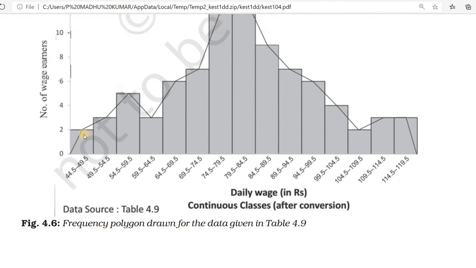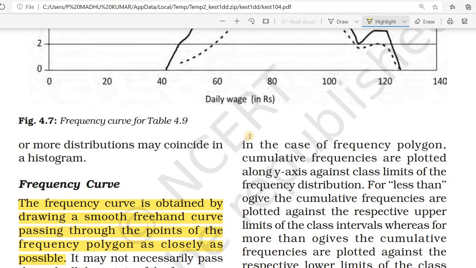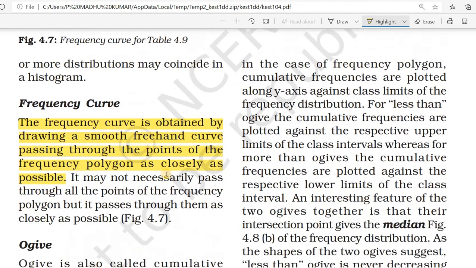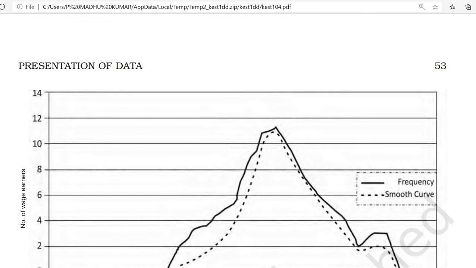But in the case of the frequency curve we need to join these points by hand. We need to find the midpoints and then pass the curve through those points by hand. It may not necessarily pass through all the points of the frequency polygon, but it passes through them as closely as possible.